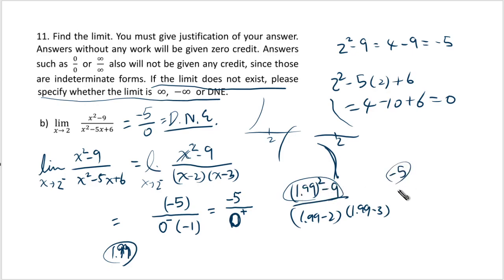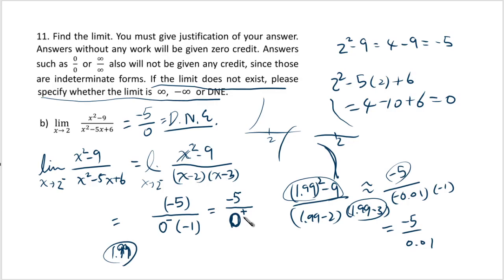It will be something like negative 5. This will be negative 0.01. This one will be, that's like 2 minus 3, that's close to negative 1. So that's approximately this value. This would be approximately that. And you can easily see that negative times negative is positive, so you're really dividing negative 5 by 0.01. Okay, that's what I mean by this.